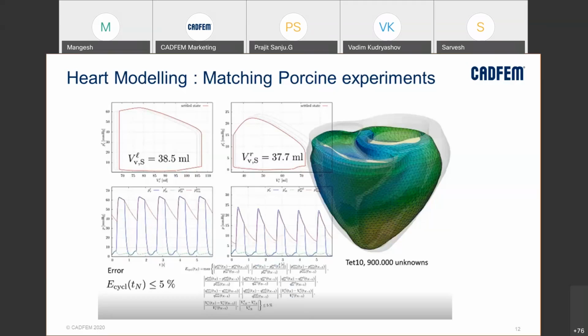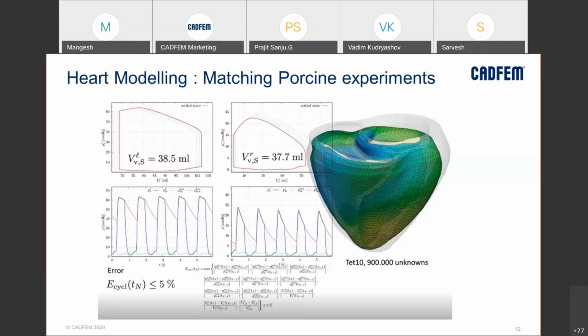This is how it should be balanced, because this is a closed network. Our heart and the arteries, it's all a closed network. Whatever comes out from the left ventricle has to go into the right ventricle.